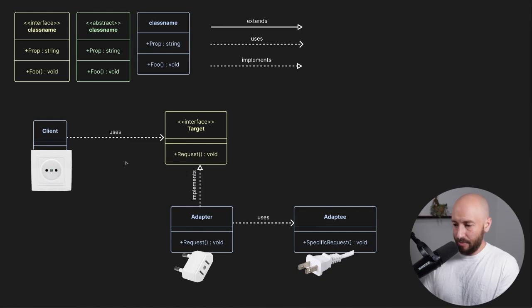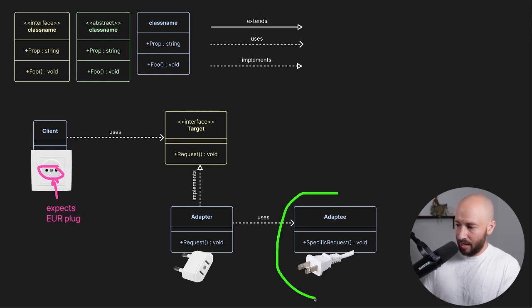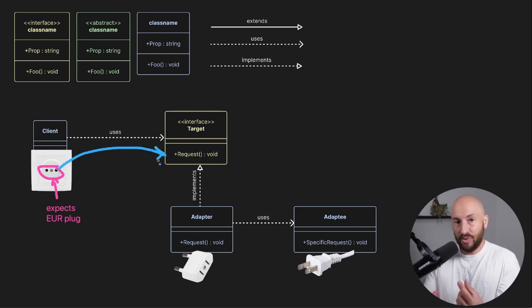Going back to our example, we have the European outlet being the client because this expects a European plug. But you're just coming from the US and all your appliances are using an American plug. To go ahead and make the two interfaces compatible, we're having the client interact with some interface. This interface that it needs is the actual pins, the round pins of the European appliances.